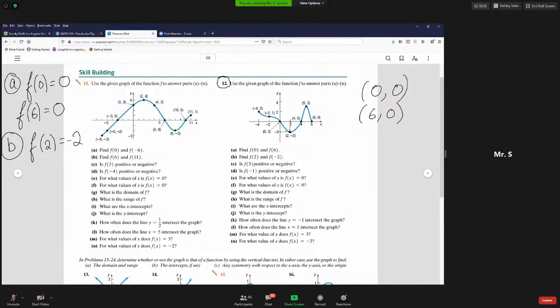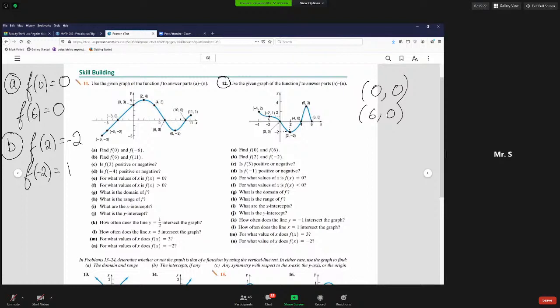So f of 2 is equal to negative 2. And then what about f of negative 2? That means the input x is negative 2, and we have this point corresponding to 1. The ordered pair is negative 2, 1. So f of negative 2 is 1. That's really all we're doing here. So we're going to try and do as many as we can.